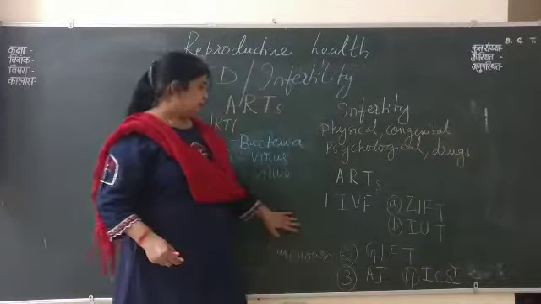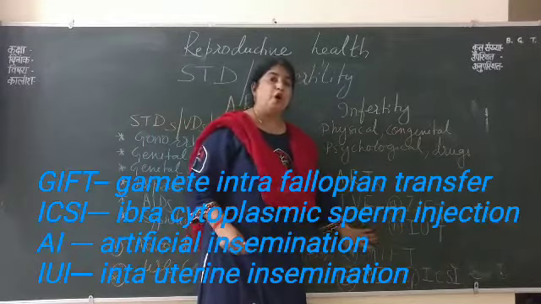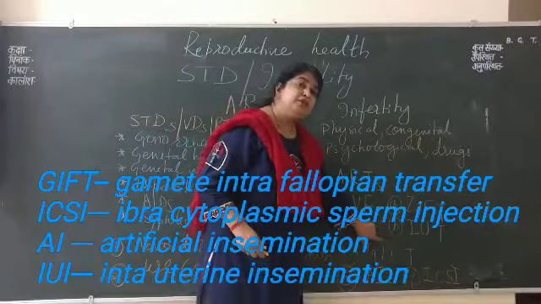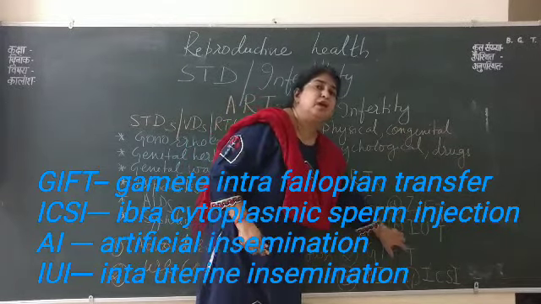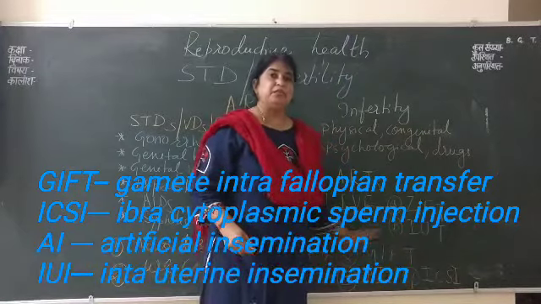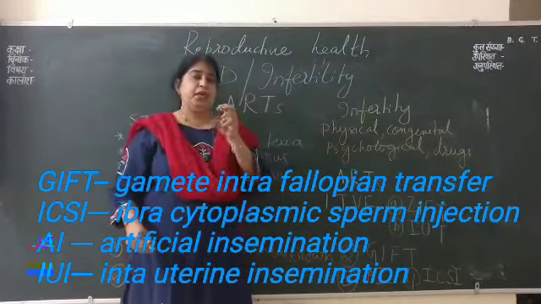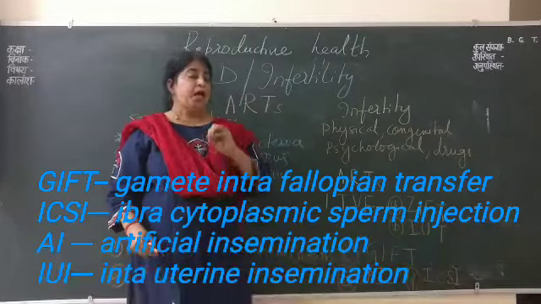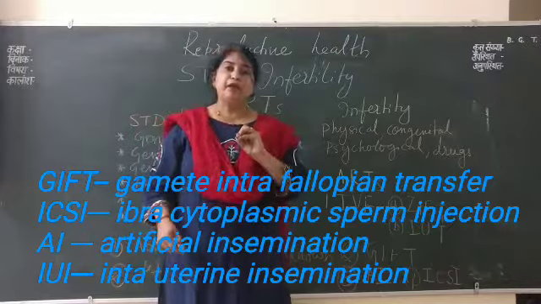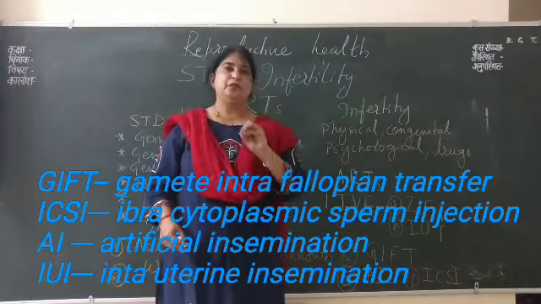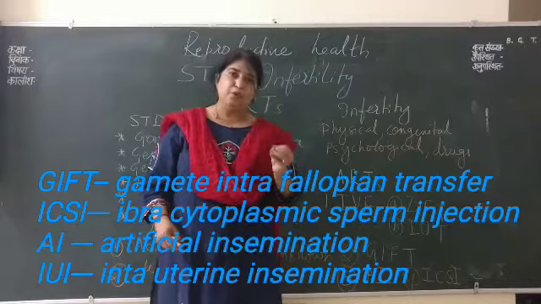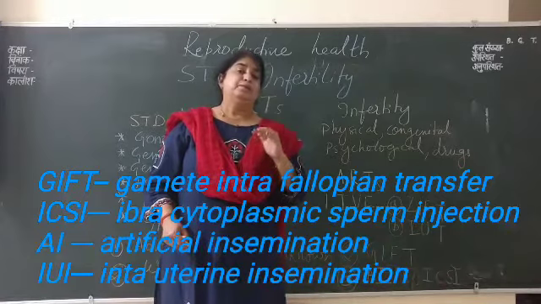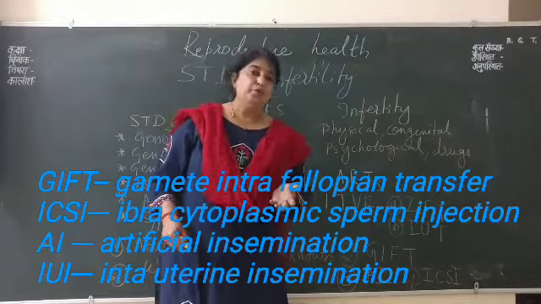Another technique is GIFT. The full form is gamete intrafallopian transfer. As the name suggests, the gametes are transferred in the fallopian tube. This generally occurs when a female is not able to produce a healthy ovum, or there is a problem in the ovary.